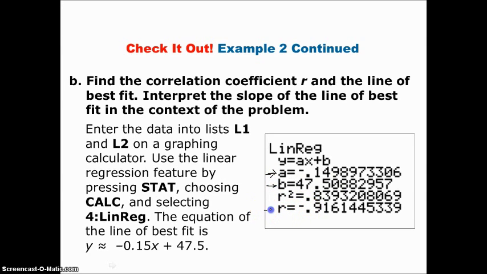Here's our correlation coefficient, negative 0.916. That's a pretty good correlation coefficient. So here's the equation right here: negative 0.15x plus 47.5.